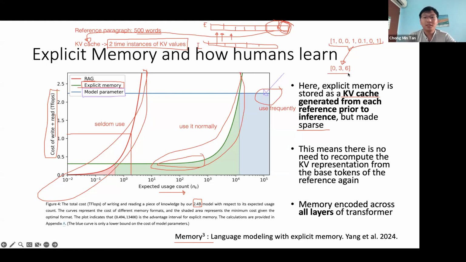I can't remember how much space it saves, but the idea is you can store all your input references in this kind of sparse encoding way. And you don't have to recompute the KV representation again from the base tokens, which saves a lot of time, because instead of 500 tokens, maybe 500 words, you can just use the KV cache, right? And you can store this KV cache across all layers of transformers.